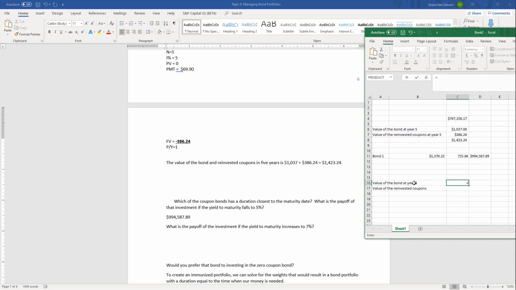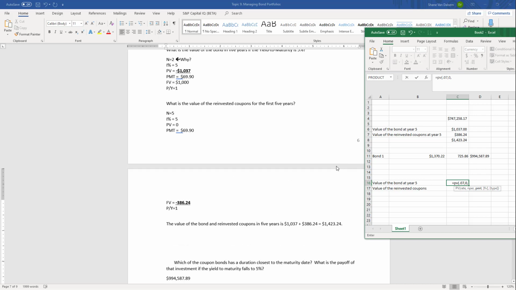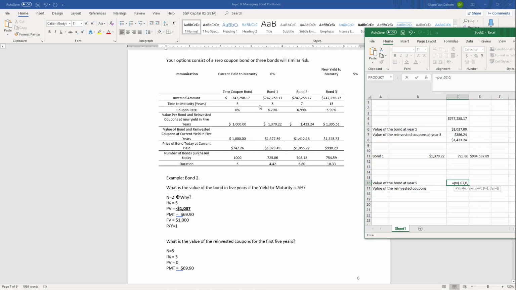This is equal to the present value. The rate is 7% because remember it changed to that. The number of periods is 0. The payment is not really relevant, but the payment on this bond 1 is going to be $67. The future value is $1,000, and then we would make that negative to give us a nice positive number. There we go. It's $1,000, because it's at the time of maturity.